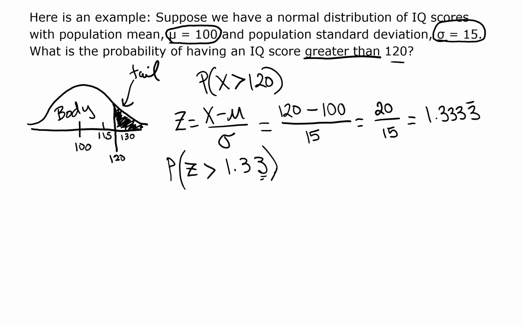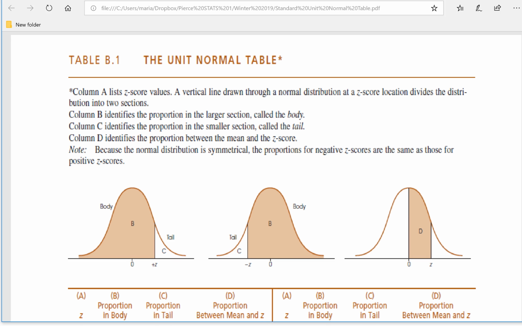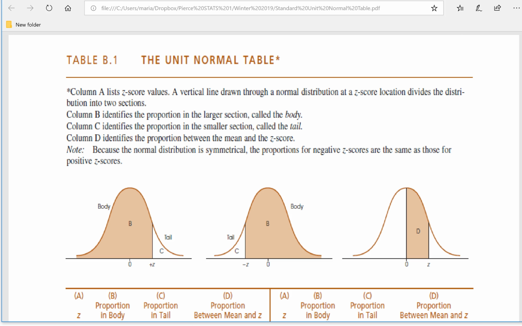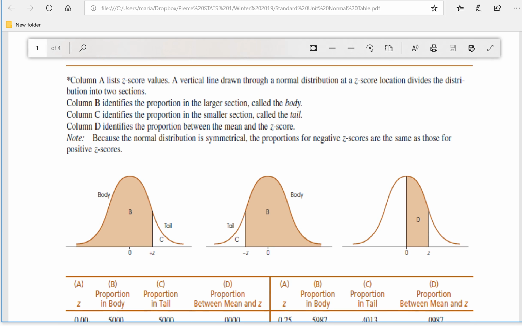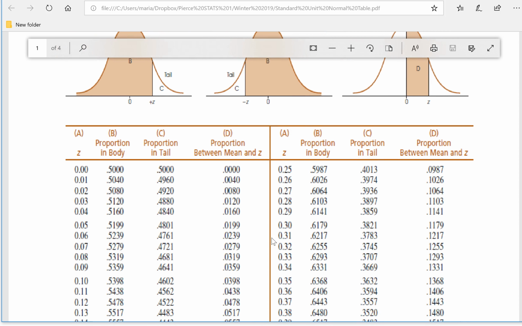Now let's pull up our unit normal table. Remember, we're looking for the proportion in the smaller section, which is the tail right here. So we're going to be looking in column C in our unit normal table. Let's scroll. We start at a Z-score of 0.